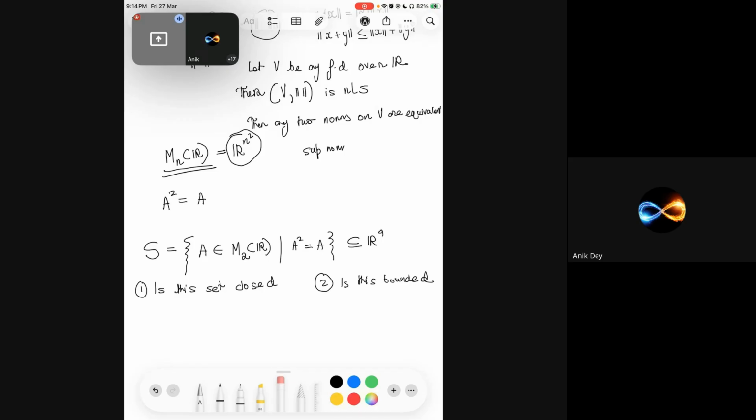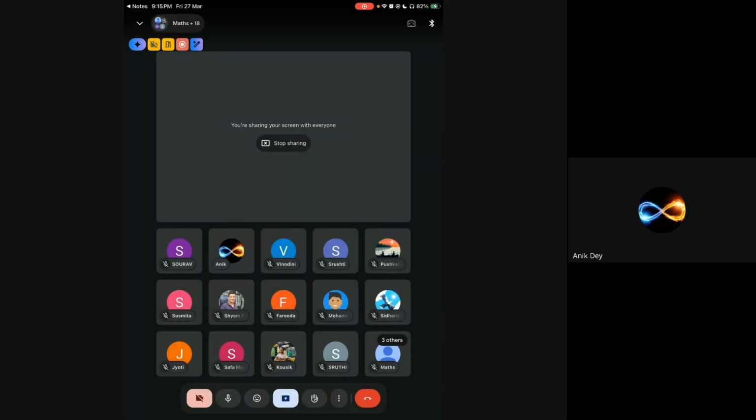First of all, Anik, can you give me an example of a matrix? The identity matrix and the zero matrix are in here, right? Yes. Can you give me something other than the identity matrix and the zero matrix such that A squared equals A?